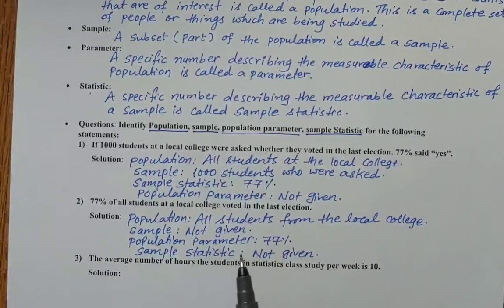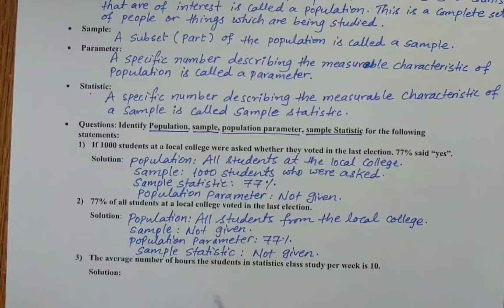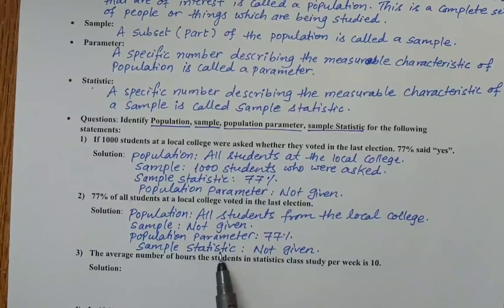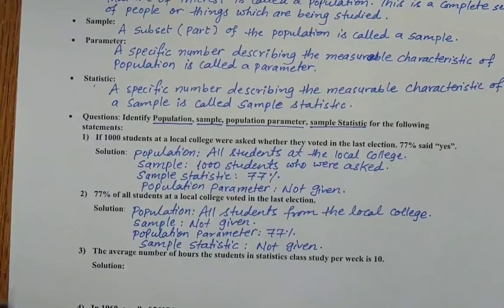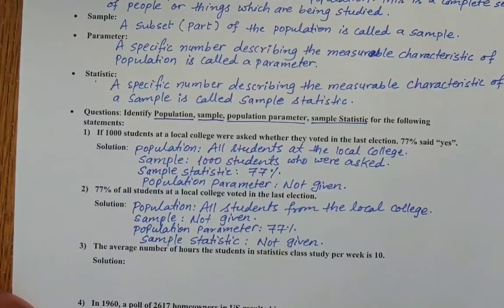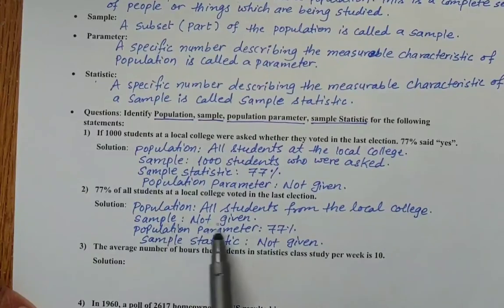But in some other questions we may have a sample but not a sample statistic, or sometimes a sample statistic will be given but the sample will not be given, and sometimes both will be given. It is not like if the sample is not given then the sample statistic will not be given. It depends on what question you have and what information is given.